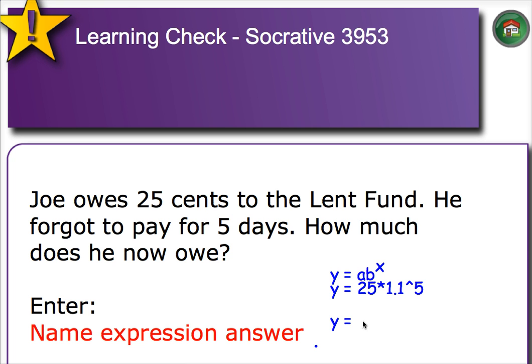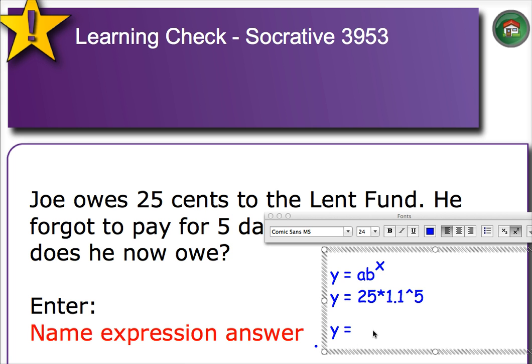We put that into our calculator. We get y equals 40.2628. Of course, we'll round that out to the nearest cent, which would be 40 cents. So, Joe, time to pay your debts.